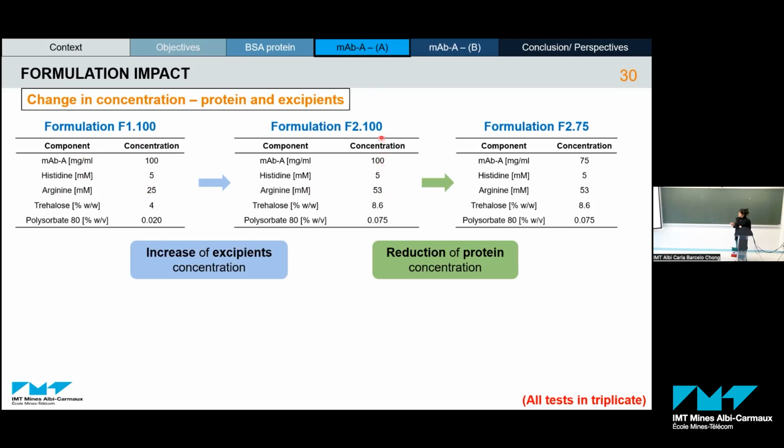From this second formulation, the next step was to keep the same excipients concentration at a high level and reduce the protein concentration. Therefore, this final formulation has the highest concentration of excipients and the lowest concentration of protein compared to the first 2.